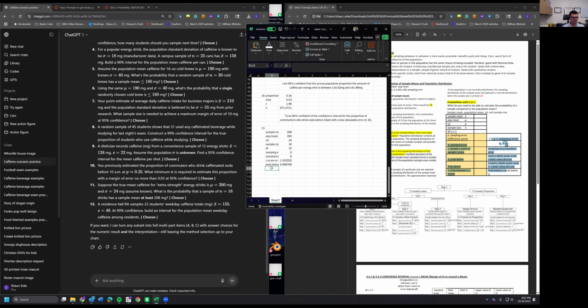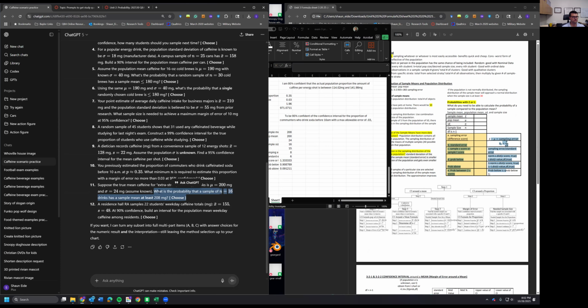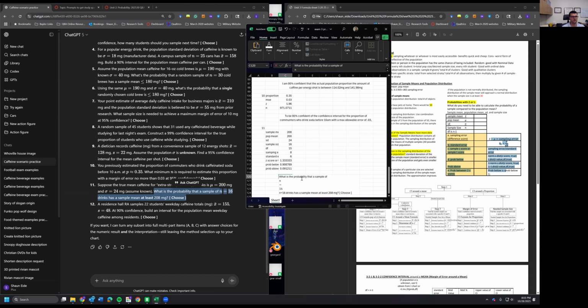And then what's the probability above? It's going to be equals 1 minus norm.s.dist. Okay, so let's see here. The question is, what is the probability right here?